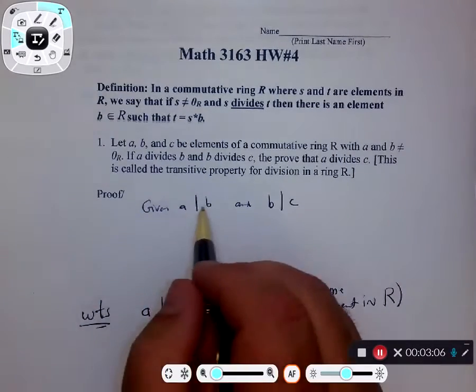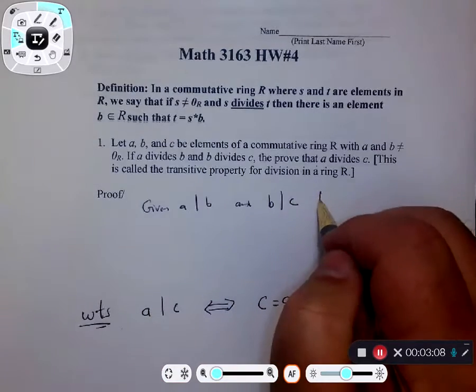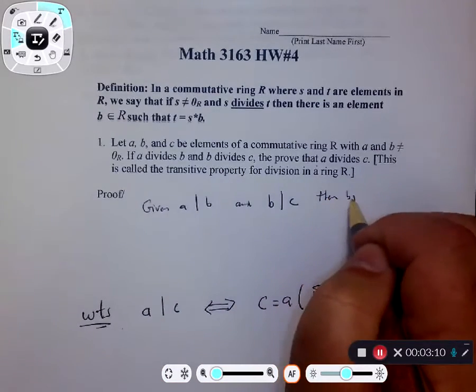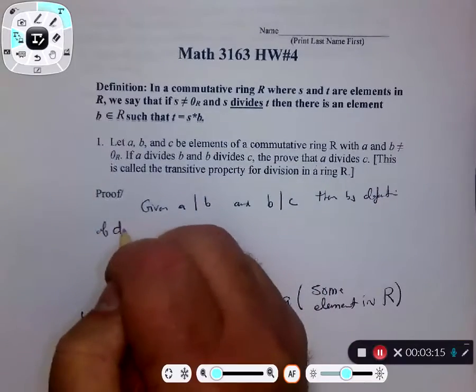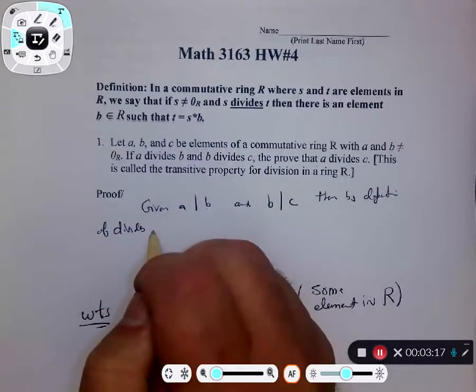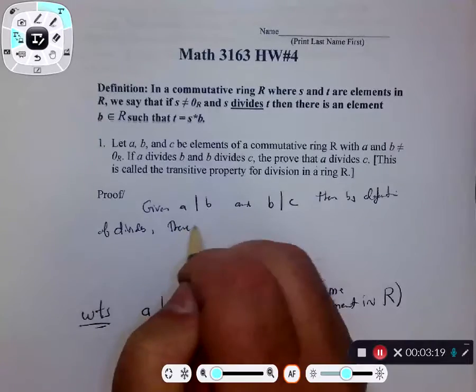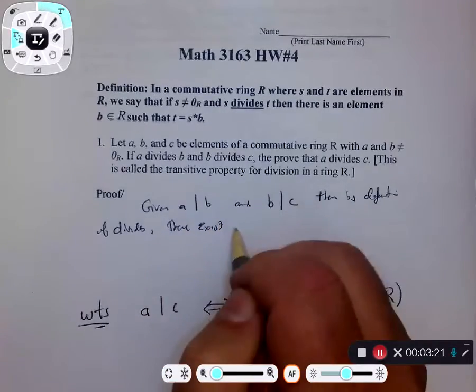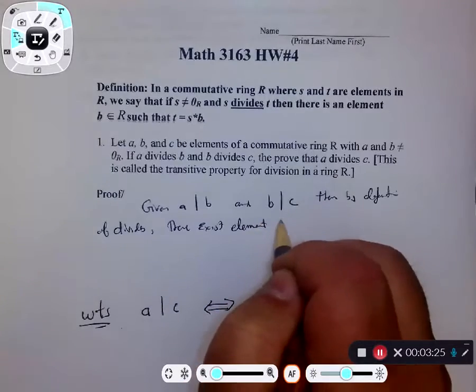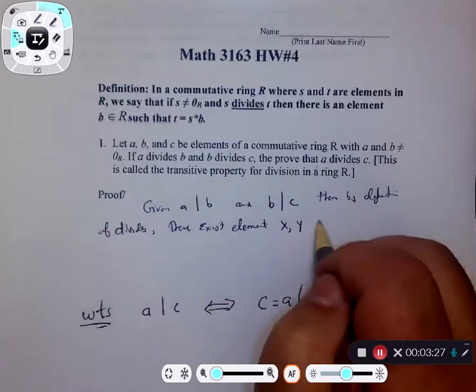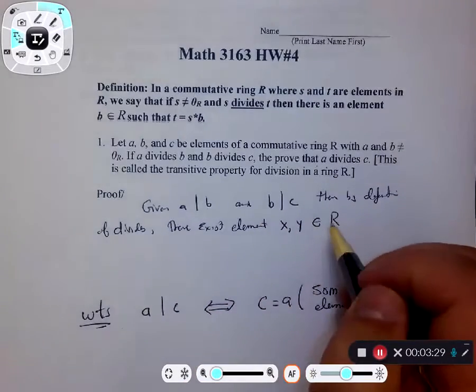Given A divides B and B divides C, then by definition of divides, there exist elements, not integers, elements, pick your favorite letters, X and Y in R. The ring R was given.